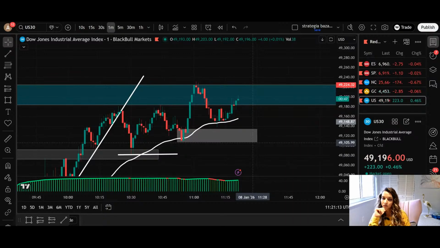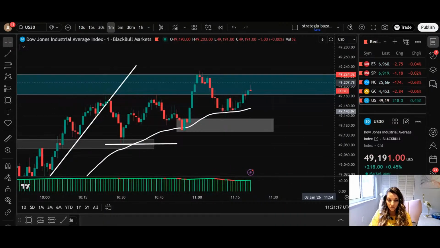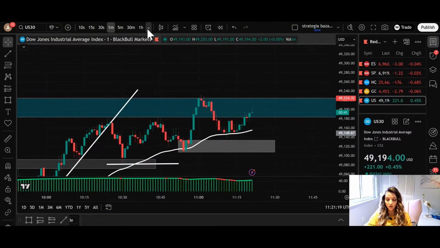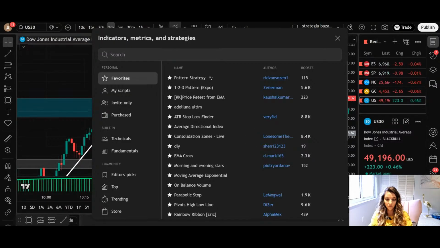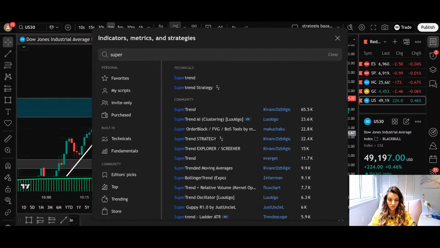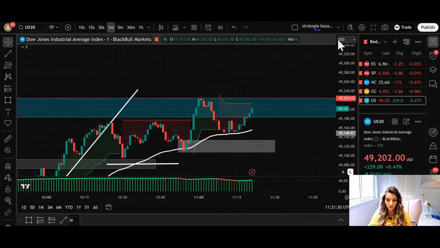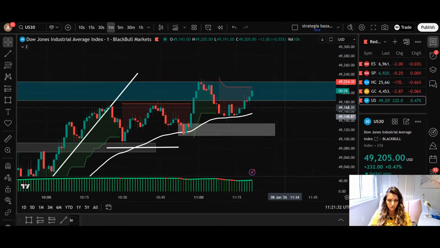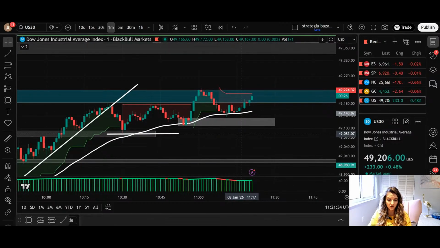Super trend. So the super trend is green. This super trend? What settings you use on super trend?